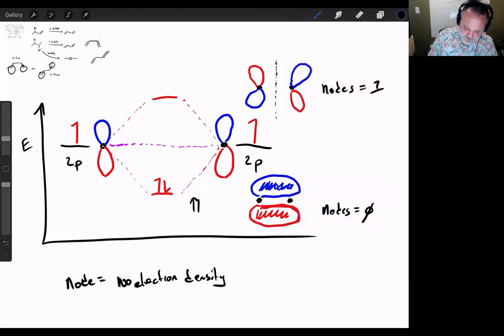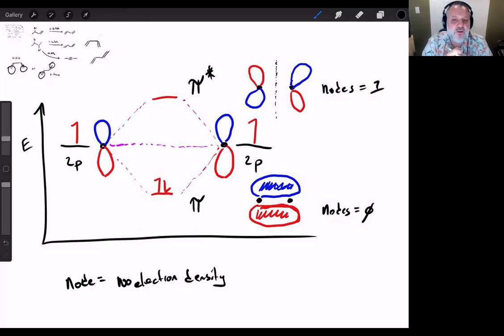And so this one would be a pi bonding orbital. All of them that form above the line, so below the line is bonding, above the line is anti-bonding. And so an orbital where the phases are combined destructively is an anti-bonding orbital.